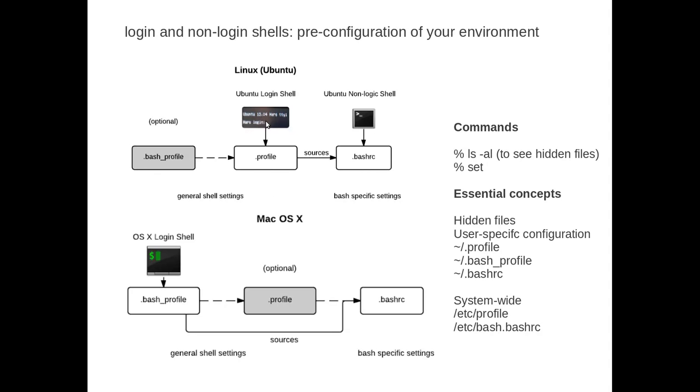When you start a computer, that opens what's called a login shell, and it executes that file, which has variable definitions inside that configure your system. In the case of Ubuntu anyways, that file also executes this bashrc file. That's what sourcing is; we can talk about that in a second. And this is how all of your variables get defined.